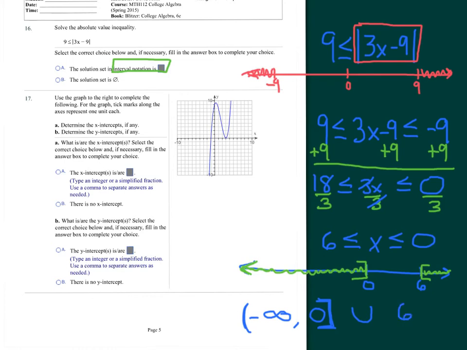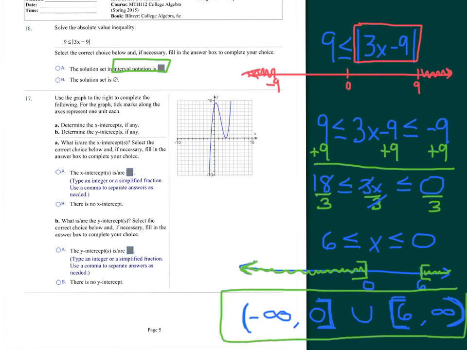So at 6, we've got a bracket because it could be 6, since we've got greater than or equal to, all the way up to infinity, and we use a parenthesis at infinity. So that's our interval notation.